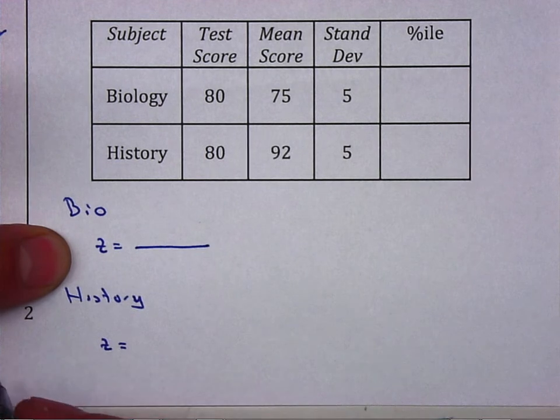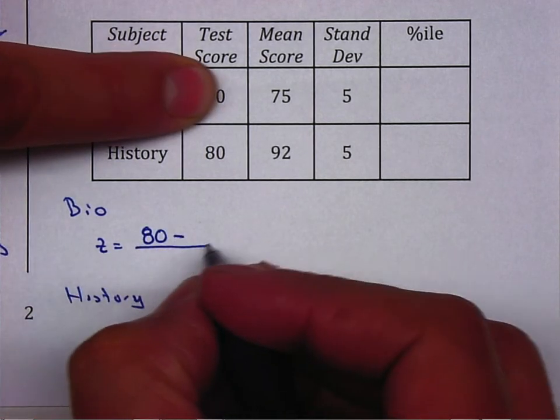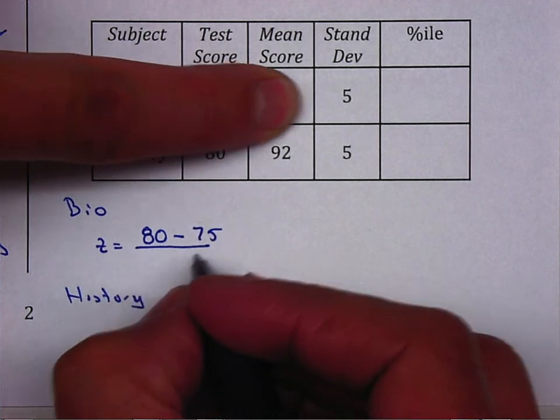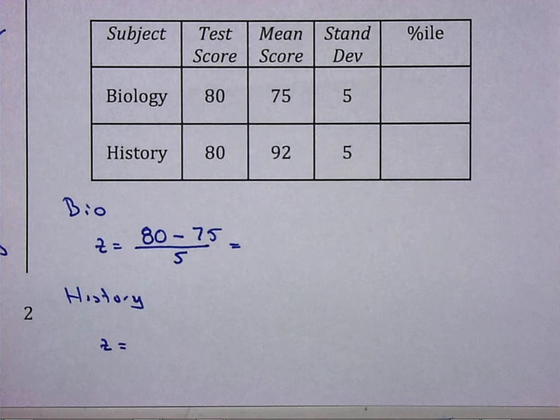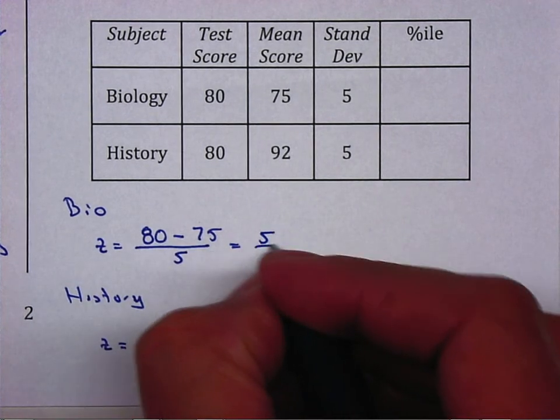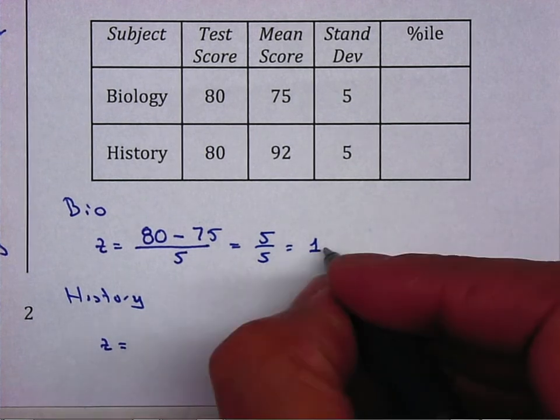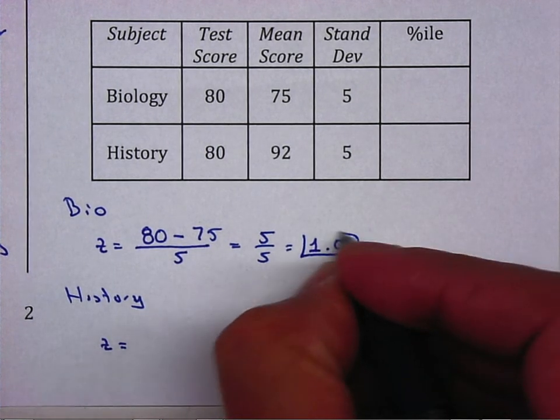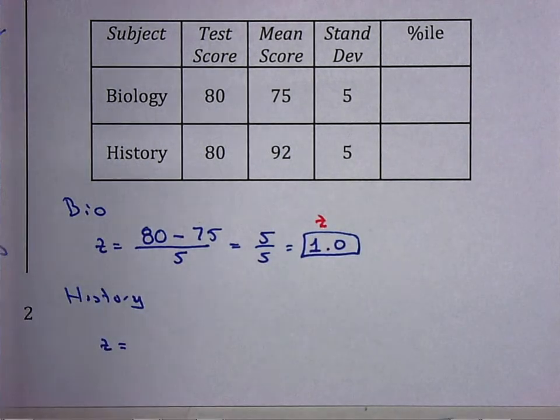Remember, your formula is your x, which is 80, minus your mean, which is 75, divided by your standard deviation, which is 5. And 80 minus 75 is 5, divided by 5 gives me 1. And I'm going to look up 1.0, that is my z-value, in my chart to see what percentage that is.